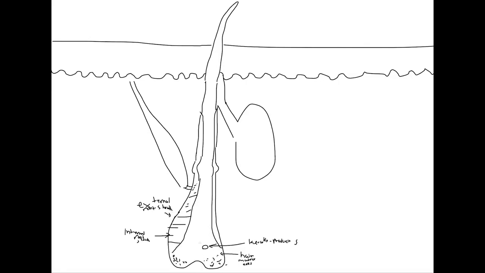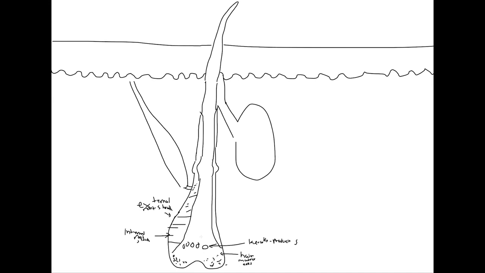Anyways, back to these keratin-producing cells. By the way, I have not drawn an apocrine sweat gland just for simplicity, but there might be an apocrine sweat gland on this hair.